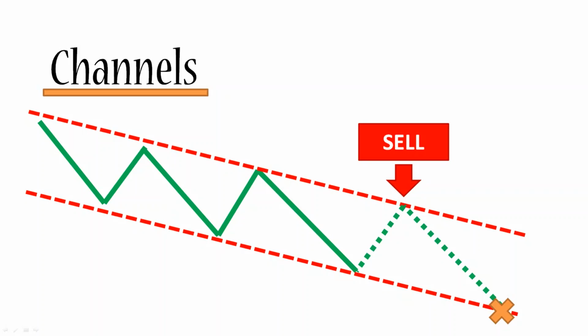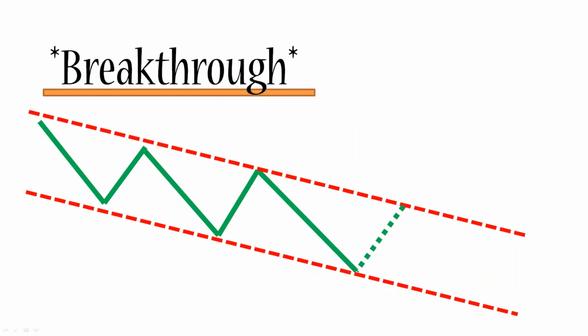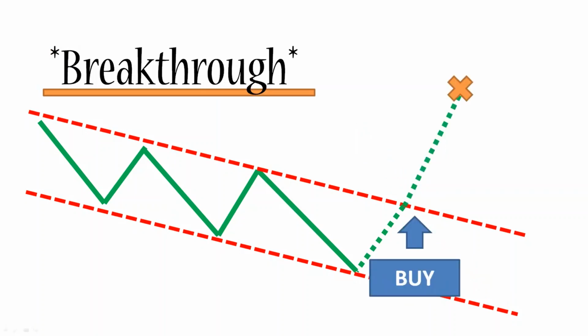But sooner or later, of course, the price will break the channel. And that's why there's an alternative strategy where, in this case, instead of opening a sell order, you would open a buy order, and you would expect the price to go somewhere out of the channel. You would use this strategy when your other analysis is telling you that this channel is getting too old and the price is going to break through it.